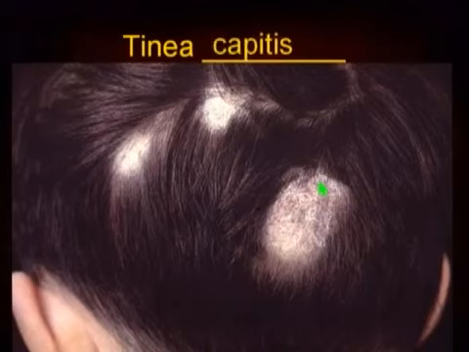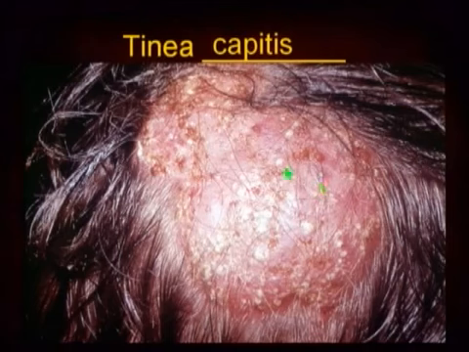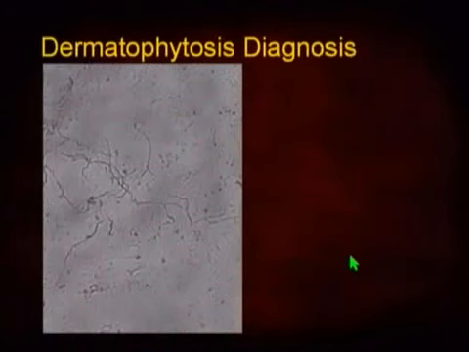Here's another example of tinea capitis, but this is a more inflammatory tinea capitis. This patient has a big round patch of alopecia, but it's also studded with pustules and vesicles. This is called a kerion, very inflammatory.